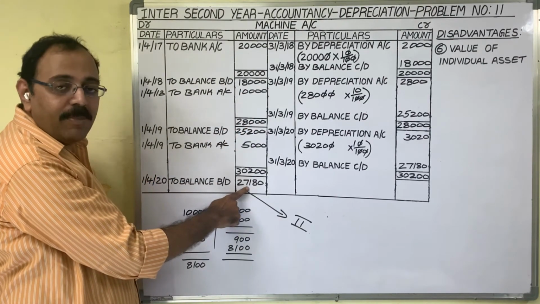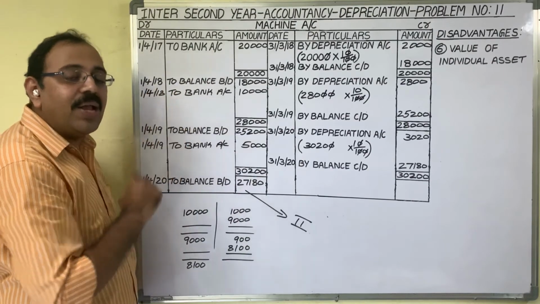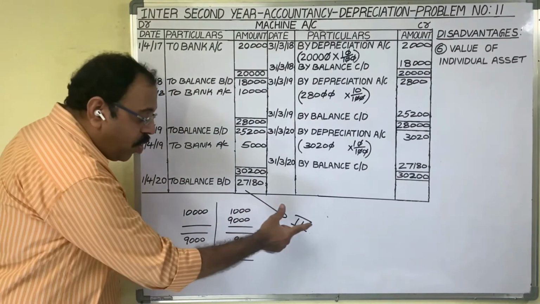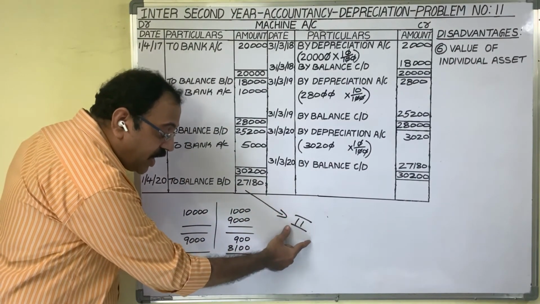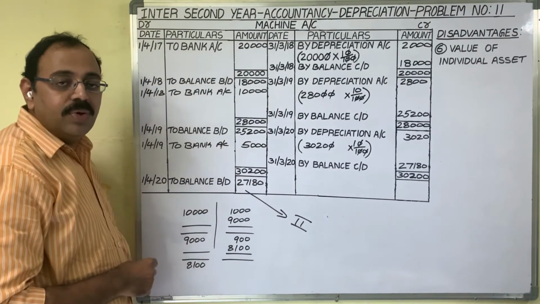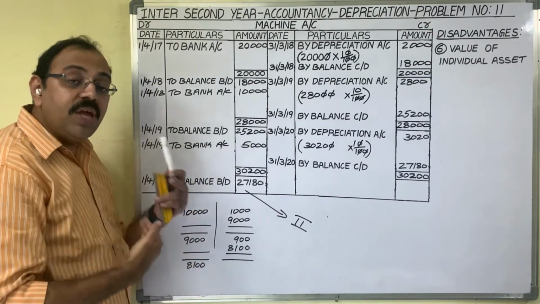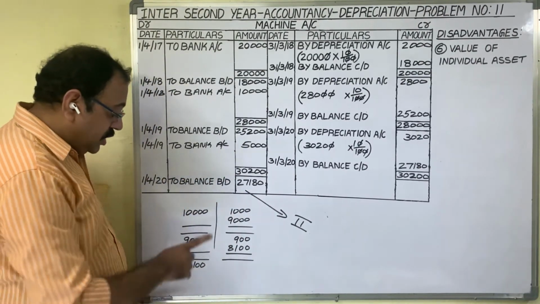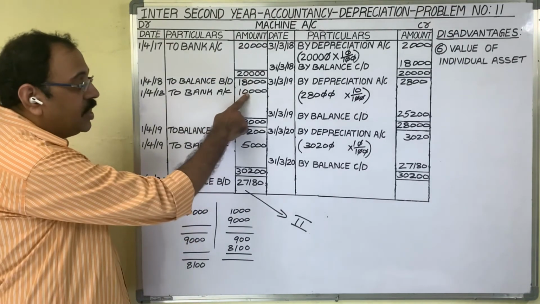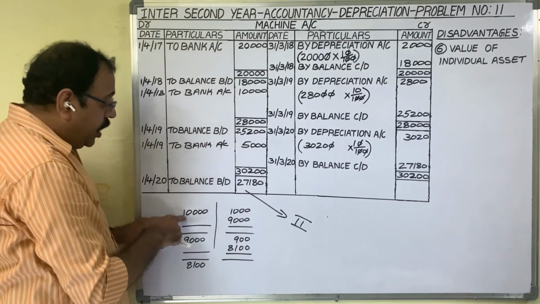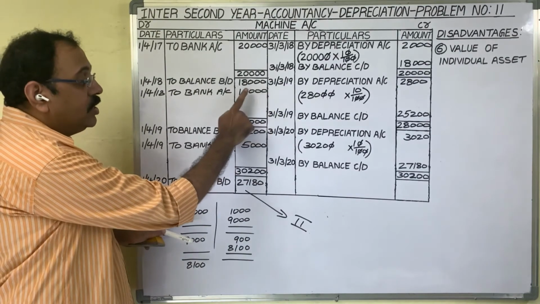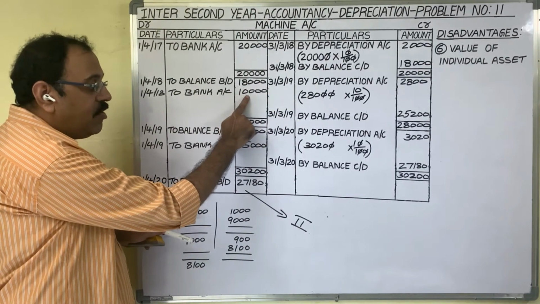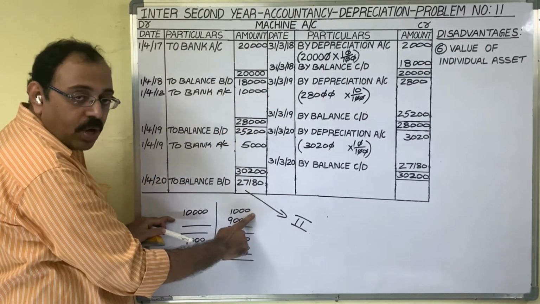In this opening balance, three assets' values are there now. I want to know only the opening balance of the second asset in this value. Then separately we have to calculate: second asset cost 10,000, second year, at the rate of 10% depreciation becomes 1,000.